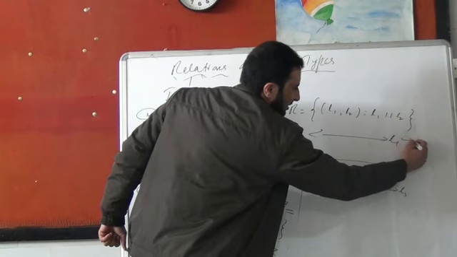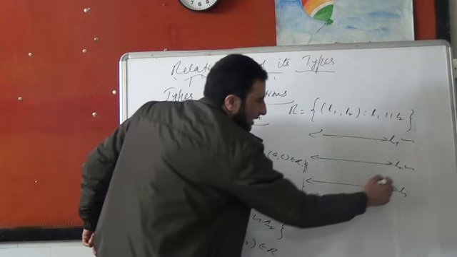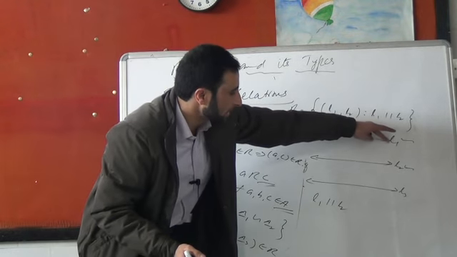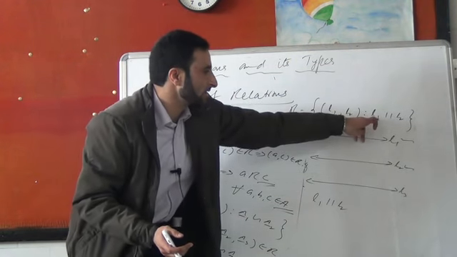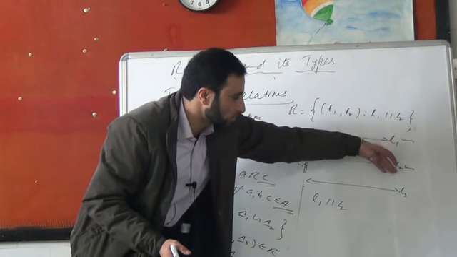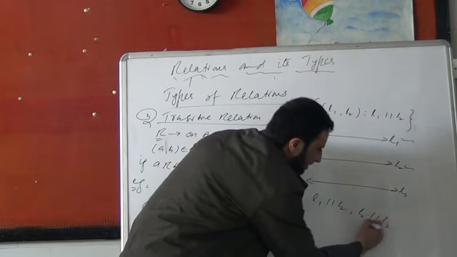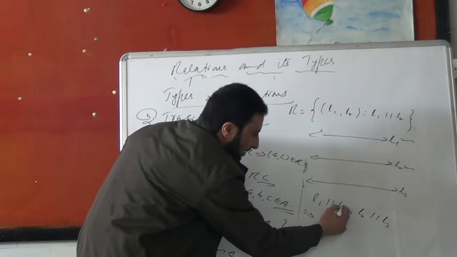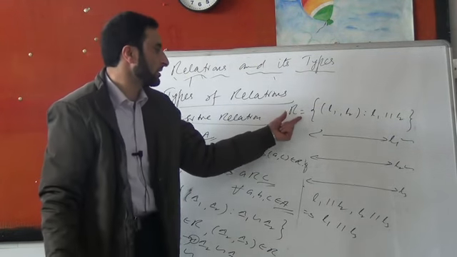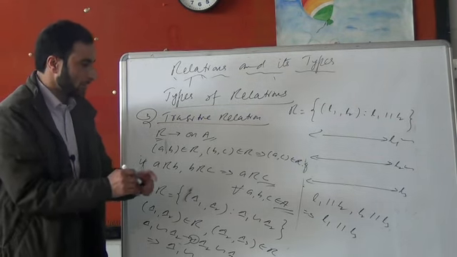Clearly line L1 is parallel to line L2, and L2 is parallel to L3, because if you consider the ordered pair (L1, L2), by definition L1 is parallel to L2. Then let me consider (L2, L3). L2 is parallel to L3, and clearly we can conclude from these two that L1 is parallel to L3, and hence the relation is an example of a transitive relation. Let me take one more example.